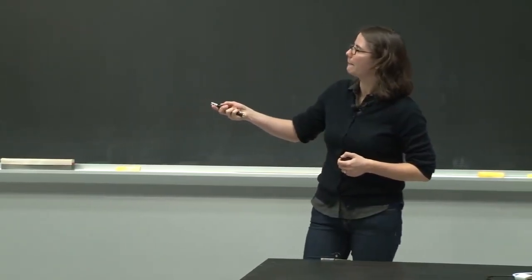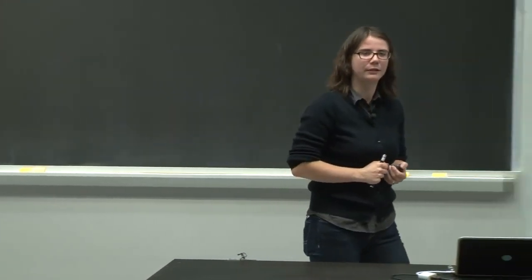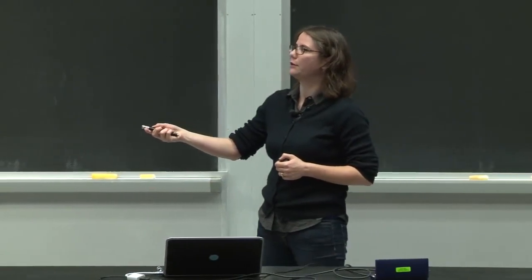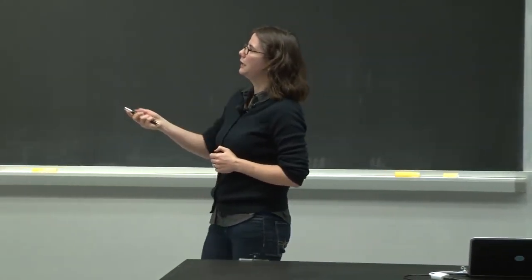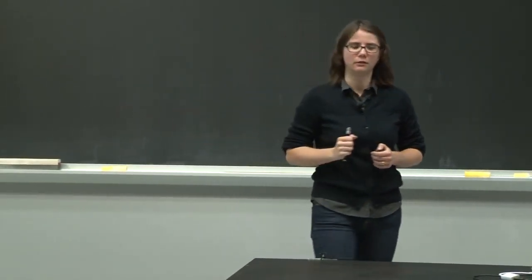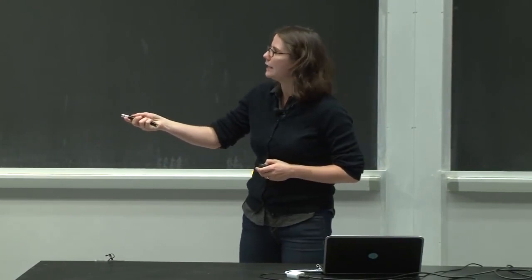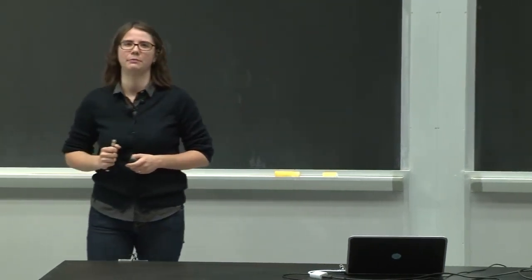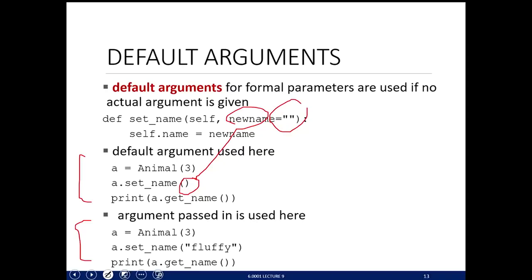But that's okay, because new name actually has a default argument. Okay? So that tells Python if no parameter is passed in for this particular formal parameter, then use whatever is up here by default. So if I haven't passed in the parameter, a.setName is going to be setting the name to the empty string, because that's what the default parameter is. So in the next line, when I print a.getName, this is just going to print the empty string.